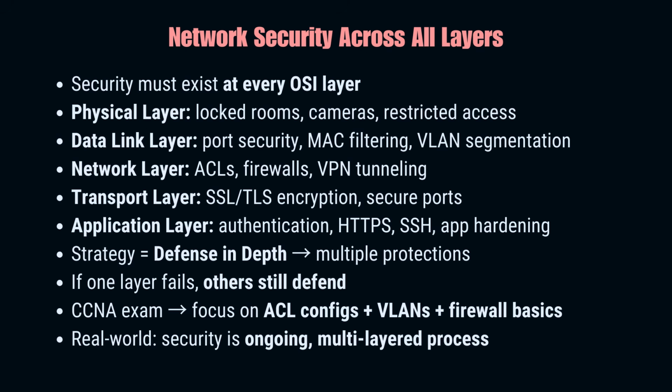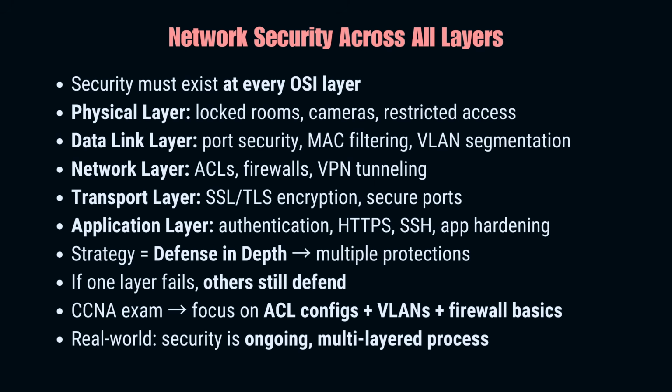Network layer security uses access control lists, ACLs, to filter traffic based on IP addresses, protocols, and ports. Firewalls also operate here, inspecting packets and blocking threats. Transport layer security includes SSL and TLS encryption for web traffic and application data protection. This is what creates the secure connection when you see HTTPS.